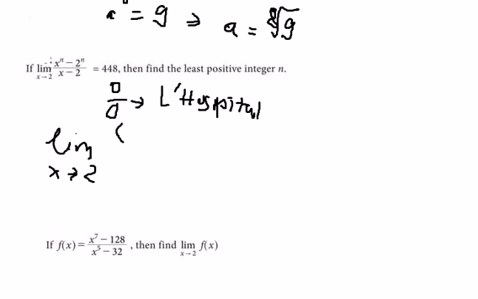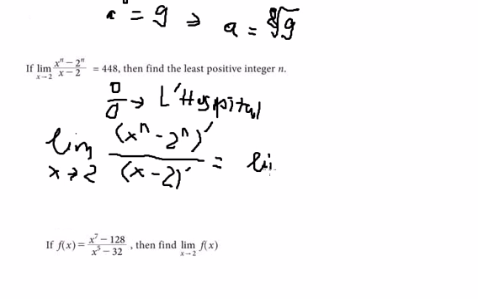We do the first derivative of the numerator and the first derivative of the denominator. So you get the limit as s approaches 2.